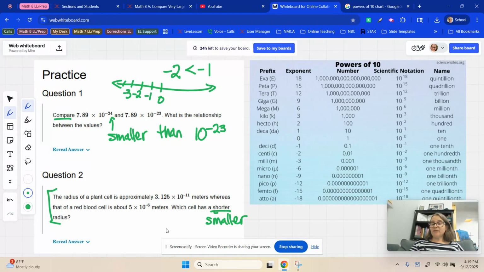Okay, and so for the smaller number, we are going to look at the greater negative. That's actually smaller. So because -11 is less than -6, that means that the plant cell is a lot smaller than the red blood cell.